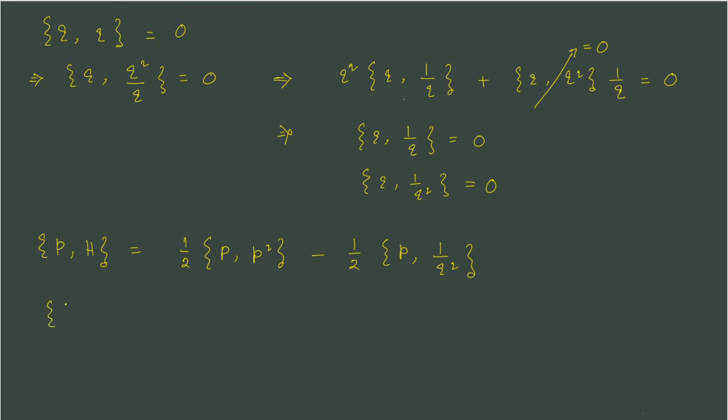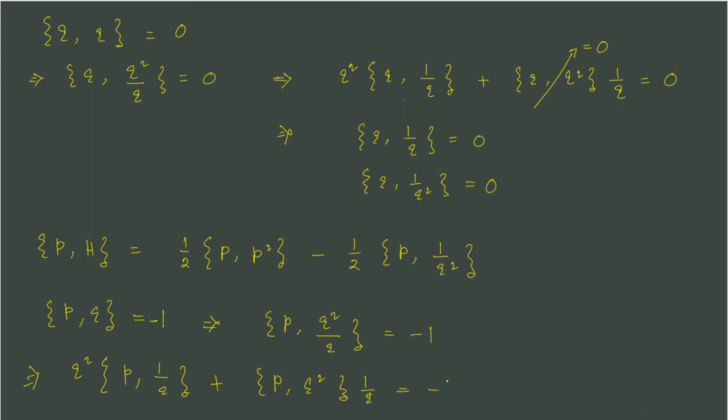So that means you write down -1 and then rewrite the left hand side as this, and then you use the product rule, which will give you -1.